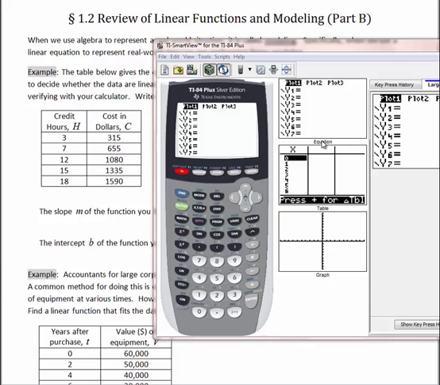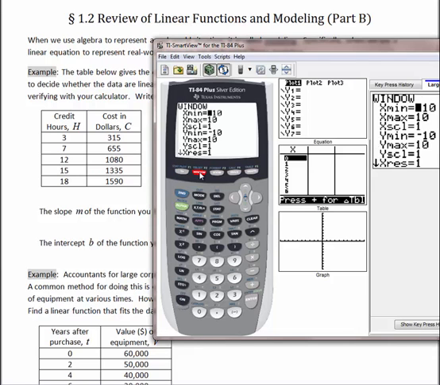The next thing we want to do is set our window so that the calculator knows how much space it needs to look at. So in the window, I can see that my X values, or my inputs, my credit hours, run from 3 to 18. In order to give it a little space, I'm going to say 0 to 20 for the X min and X max. 3 to 18 certainly fits nicely in there, and a scale of 1 will work fine.